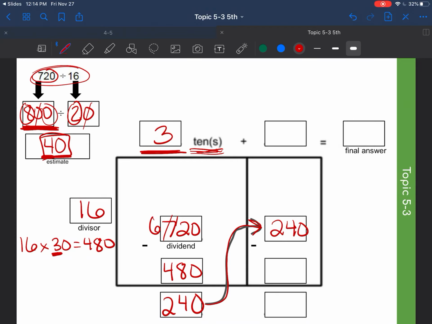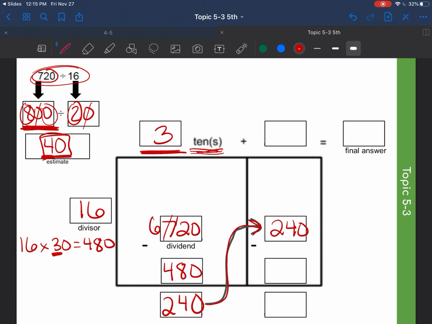So now I have to figure out 16 times what gives me 240. Well, I know that it's not going to be 30, obviously, because that's 480, okay? So again, 16 is around 20, okay? 20 times 2, so let's see, that would be 240.